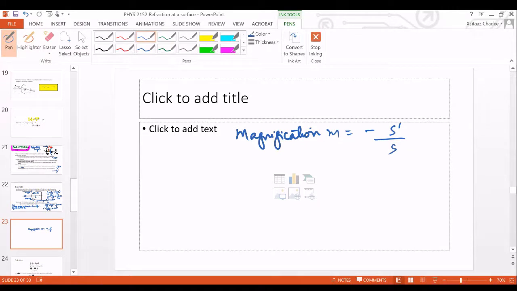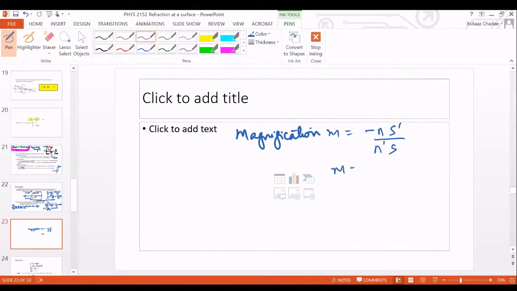But when you have a refracting surface, you have to accommodate for the refractive indices. And your numerator is going to be your refractive index of your first medium, and then your denominator is going to be the refractive index of your second medium.